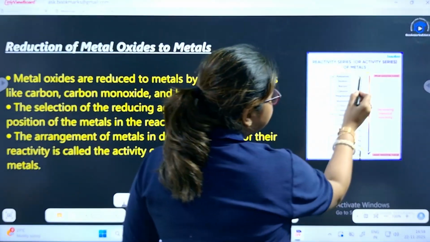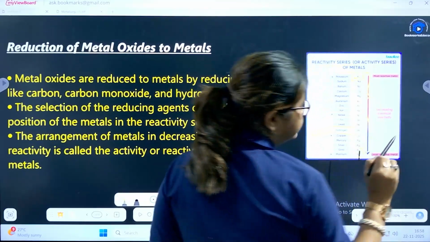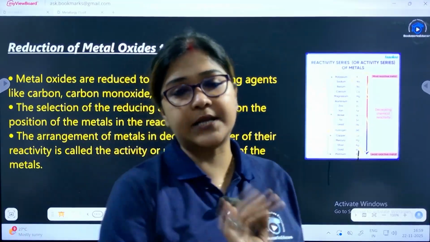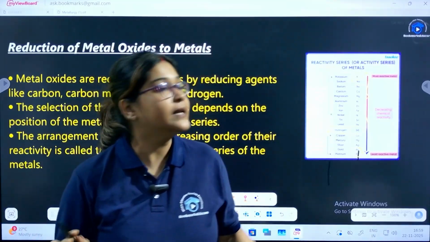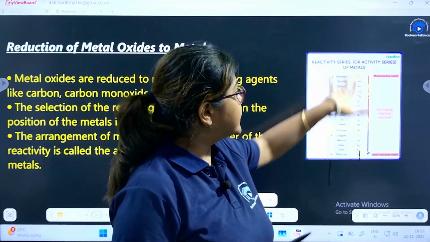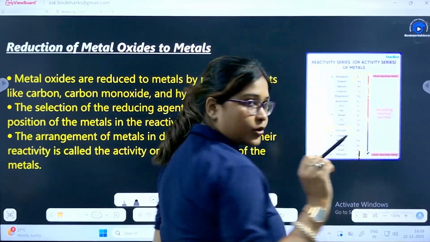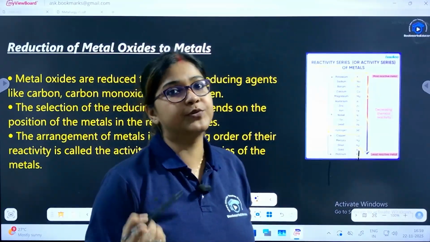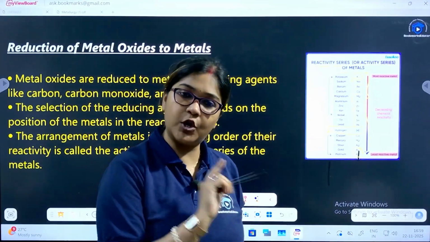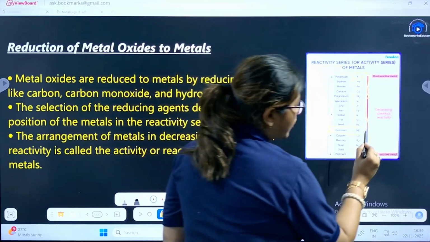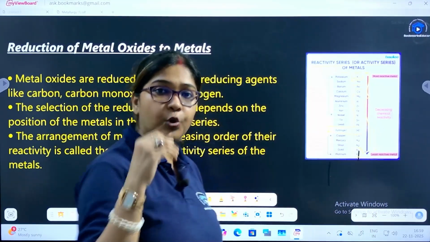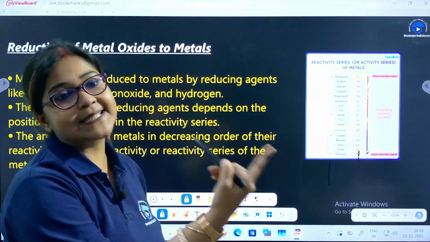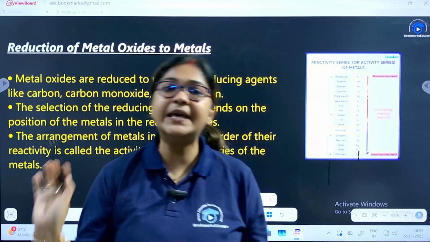So metals like sodium and potassium, at the top of the activity series, cannot be reduced by carbon, hydrogen and carbon monoxide. Okay, metals in the middle of the activity series can be reduced by using carbon, hydrogen, carbon monoxide, etc. And for metals that occupy the bottom of the series, their oxides can be easily converted to metals simply by heating.